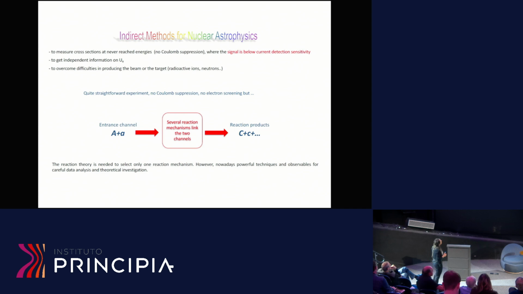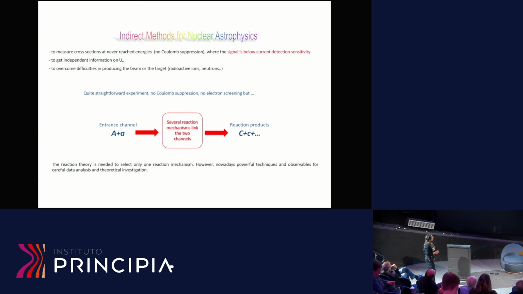And I must say that the experiments look much more straightforward than the direct measurements. And you have a way to overcome the Coulomb suppression and also the electron screening. Of course, you have issues coming.